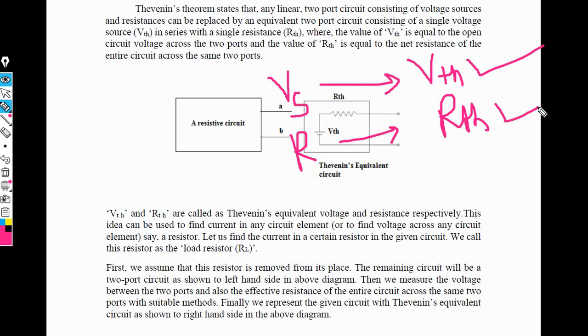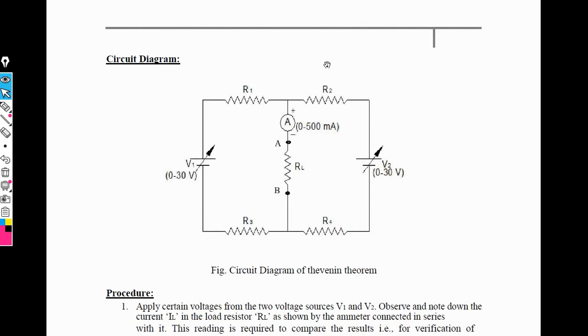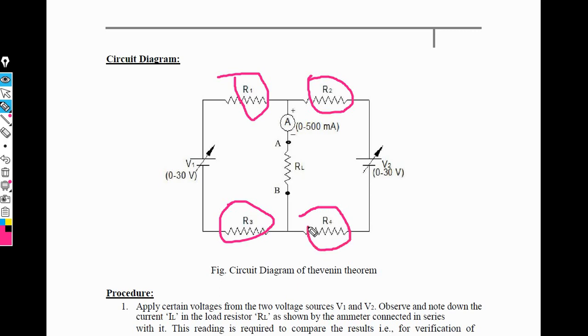Now we need the circuit diagram. This is the circuit diagram, and it consists of four resistors: R1, R2, R3 and R4.